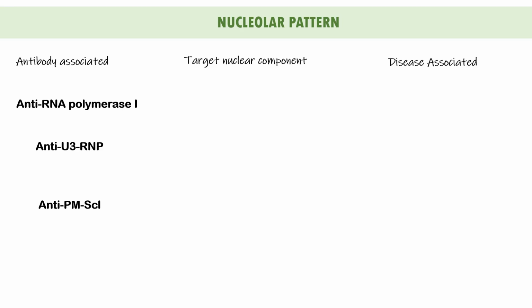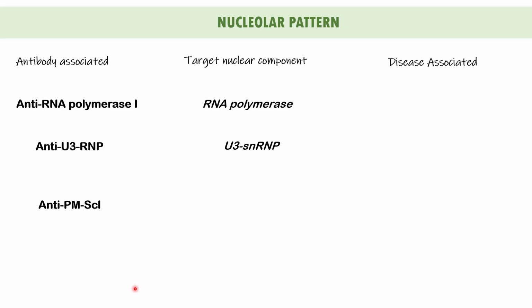So these are again associated to antibodies that target nucleolar antigens that include your anti-RNA polymerase 1, anti-U3RNP, and anti-PM-Scl. For anti-RNA polymerase 1, this targets, of course, your RNA polymerase. Anti-U3RNP targets, on the other hand, your U3 small nucleolar RNP.